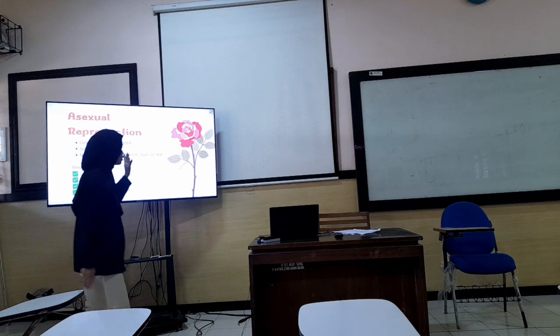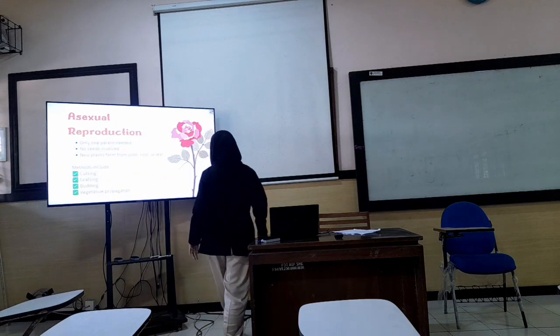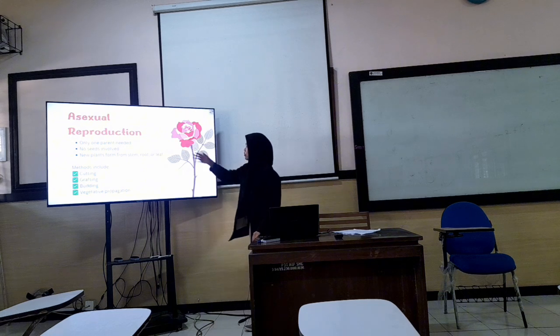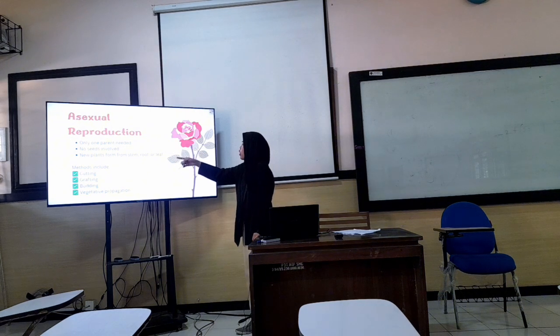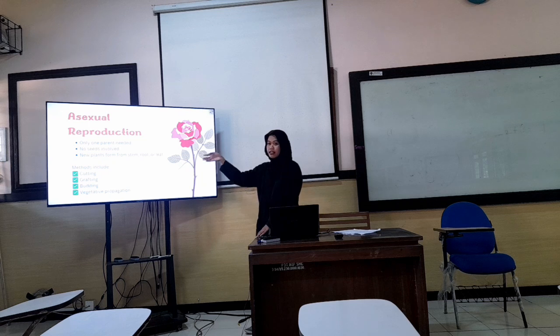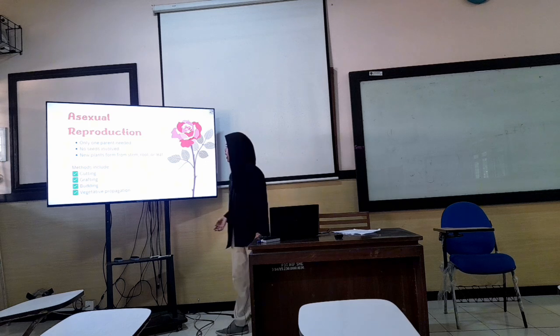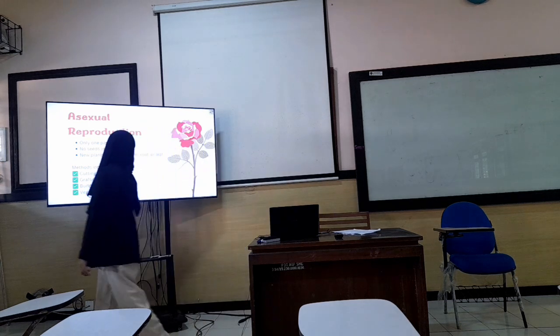It just needs one parent. No seed involved, right? And instead the new plants form from the stem, root, or leaf, the part of the plants. And here are the methods that include.